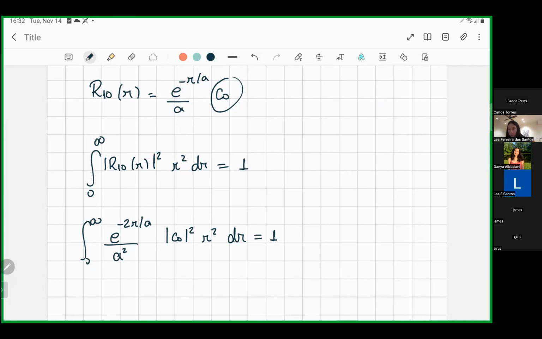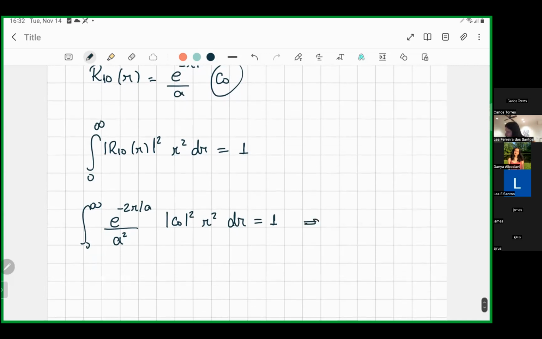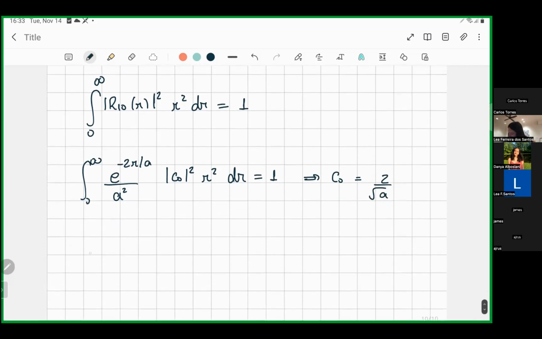Okay, so the answer for the C0, if you solve this equation, is going to be 2 over square root of A. So let me put all this in our final solution. Let me write down what we have. The wave function for the ground state is then equal to the wave function, n is 1, L is 0, M is 0, R theta phi.